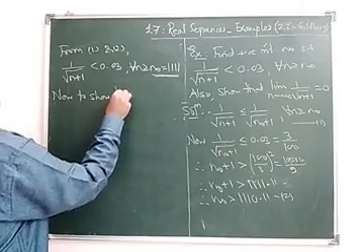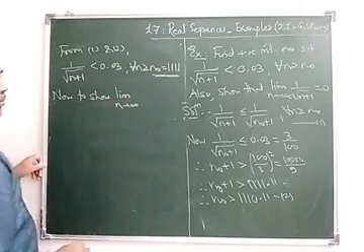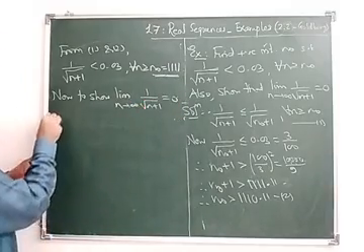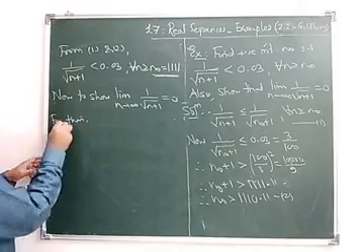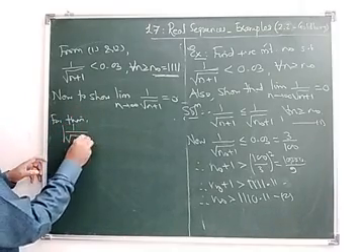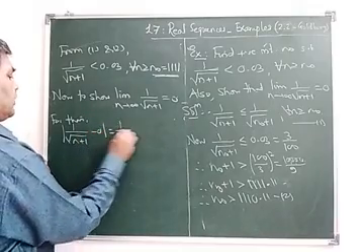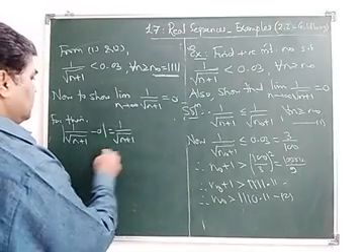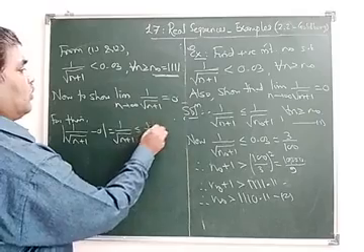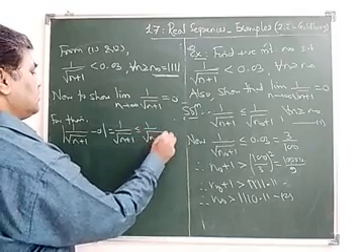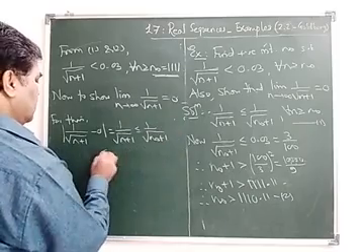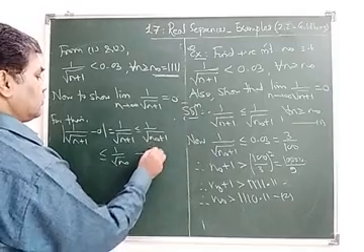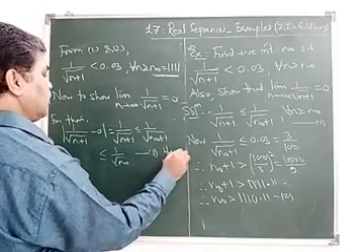Now to show limit n tends to infinity of 1 upon square root of n plus 1 is equal to 0. For this, mod of 1 upon root of n plus 1 minus 0, which is the same as 1 upon root of n plus 1, is less than or equal to 1 upon root of n naught plus 1, which is less than or equal to 1 upon root n naught, for every n greater or equal to n naught.